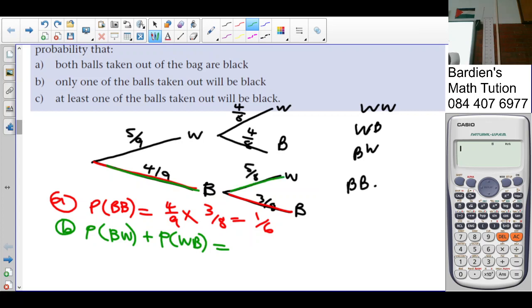Black, white. It's going to be 4 over 9 times 5 over 8 plus white, black. It's going to be 5 over 9 times 4 over 8. What does that work out to be?